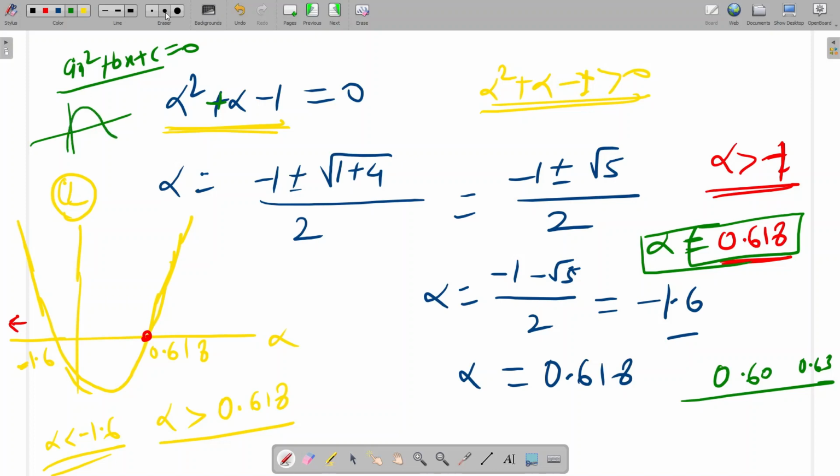Just to see the concept, what I remember is that for B positive, it will follow this kind of graph. You should see the basics also, you can see the basic math. So for B positive, the parabolic graph will be like this one. Is it clear? Should I move to the next question?